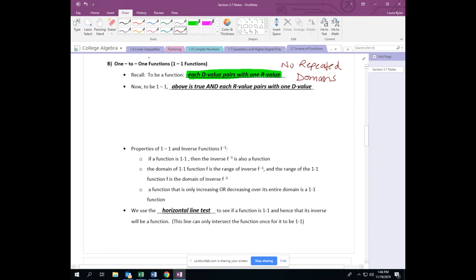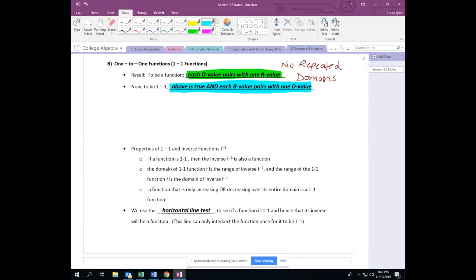Now, in a one-to-one function, the above has to be true. You still have to have each domain being different. But now we also are concerned with the range. In functions, all the ranges could be the same. You could have 1, 7, 5, 7, negative 3, 7, 24, 7. Everything could be paired up with the same range value as long as all the domains were different.